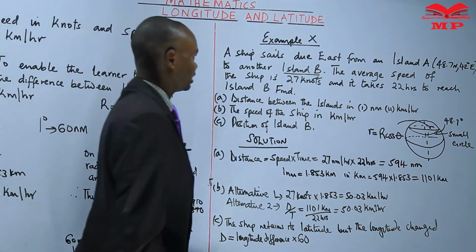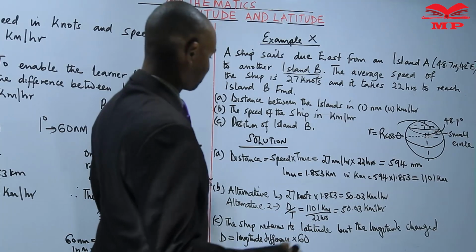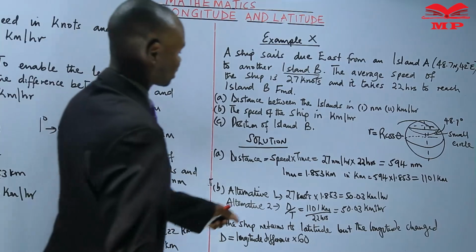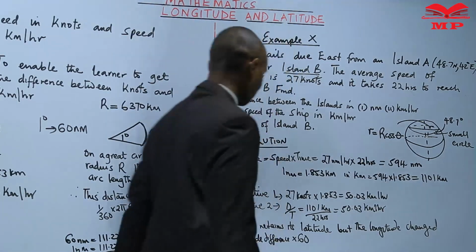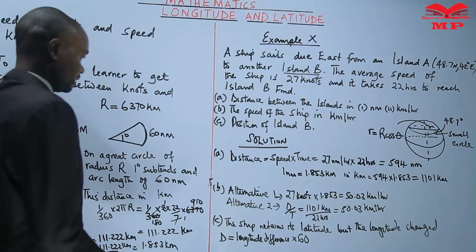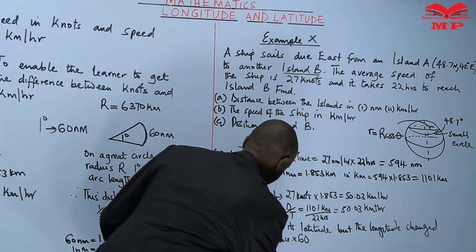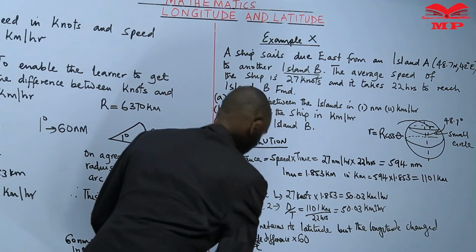So I'll use nautical miles. I'll go to the first question. That is 594. I can denote the longitude difference as x.